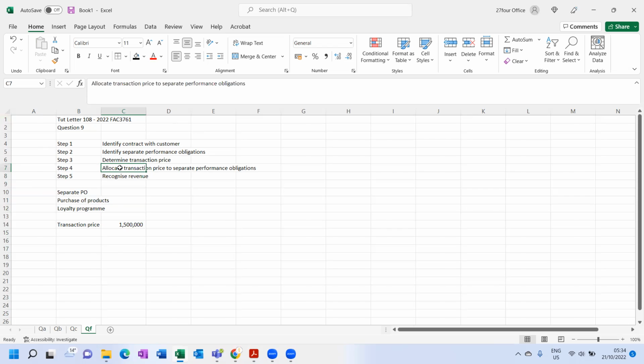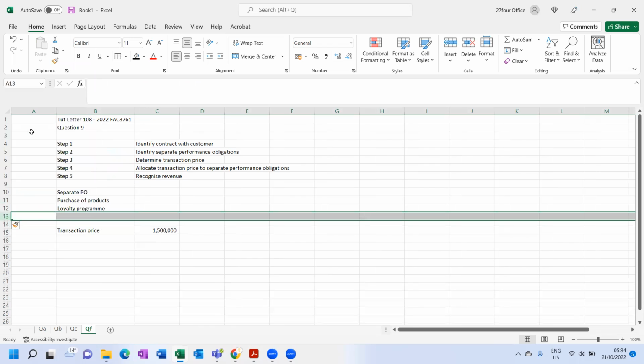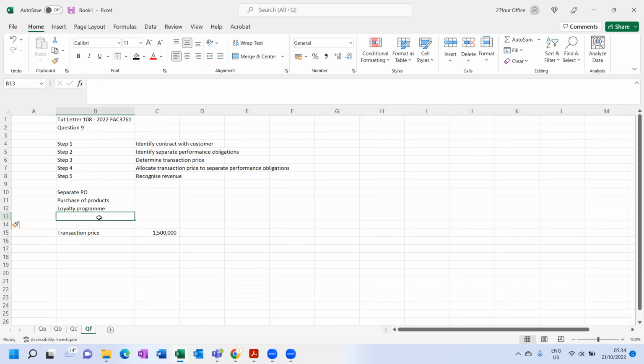So this is where step number 4 comes in, allocate the transaction price. How are we going to allocate it? We're going to do it based on standalone selling prices.